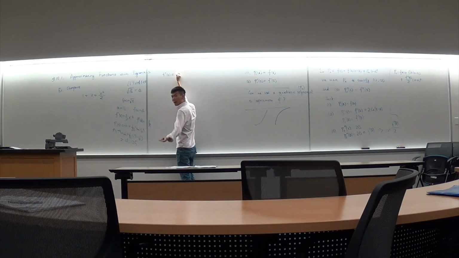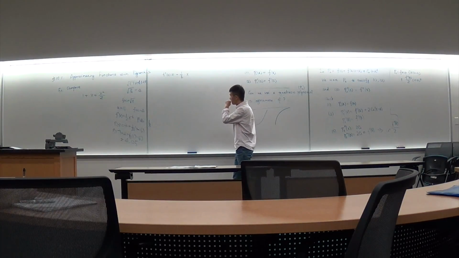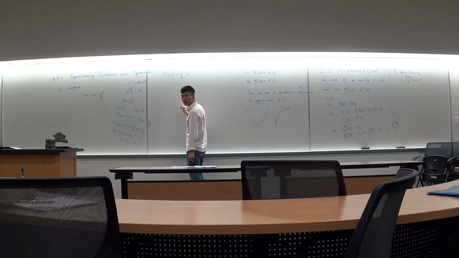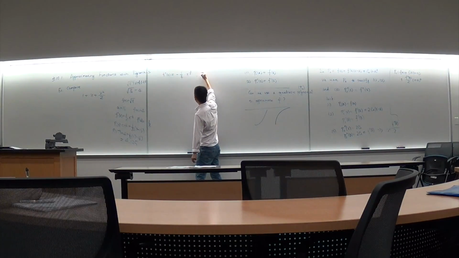So for f double prime, apply the power rule once again. We get negative 1/4 times x to the minus 3 over 2. Good. Now, what is f double prime of 16?